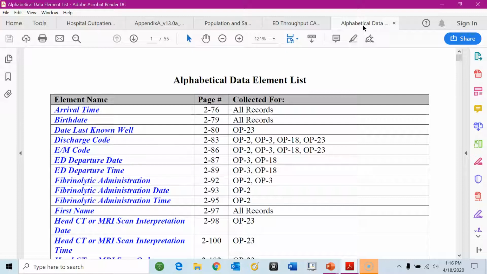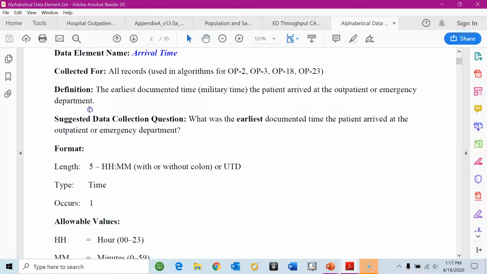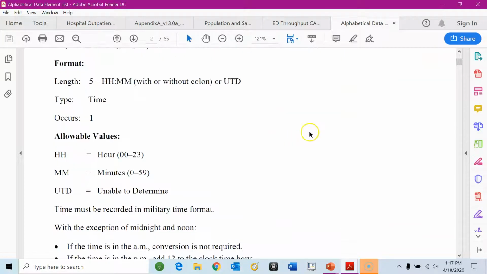This is the specs manual, the alphabetical data element list. These are a listing of all of the data elements for abstraction, and then the ones that apply to the different measures. I'm going to point out a couple that I think some people have some issues with. Let's just take this arrival time.